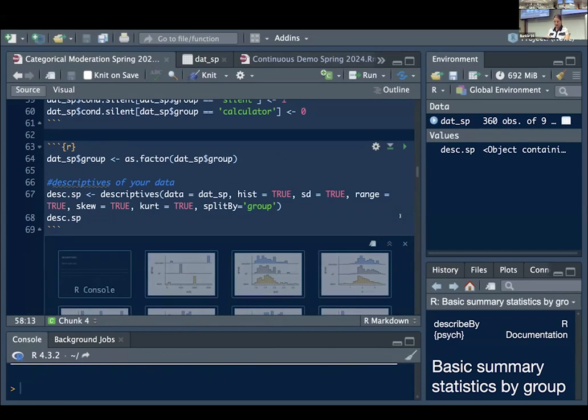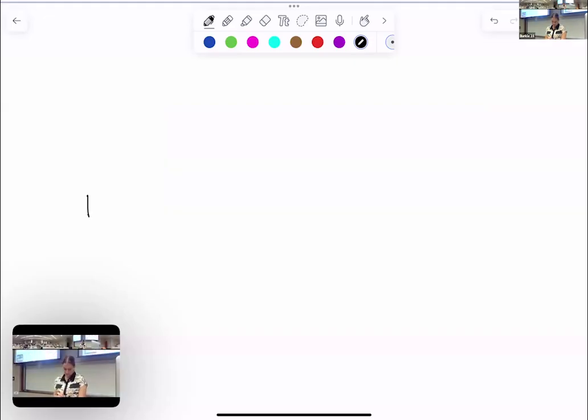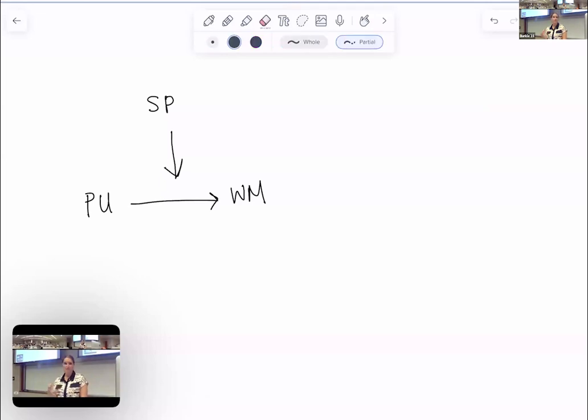So again, I highly suggest that you draw this model, not only theoretically, also statistically, right? So if you look theoretically, we're talking about positive impulsivity on working memory moderated by smartphone condition, right? Because we had to dummy code stuff, our stat model is a lot more complicated.